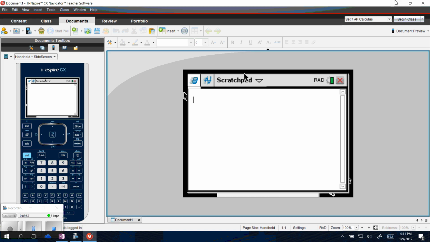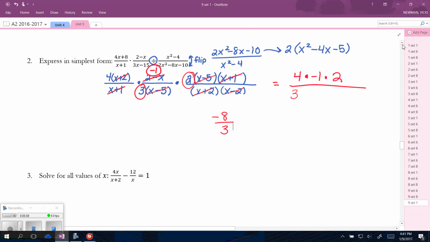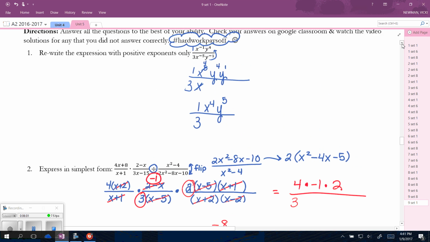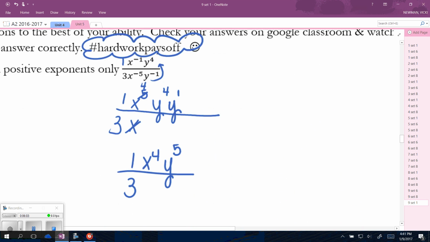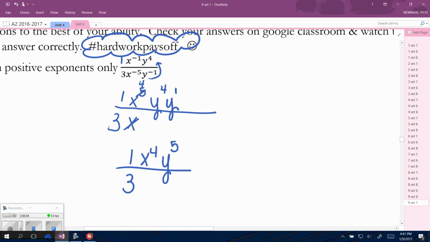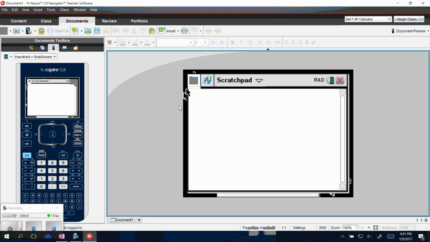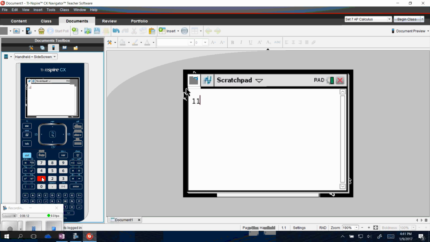Now, something I should have mentioned from before, up here in question number 1, I can actually check my work with that one too. I can store values for x and y, or in my case, I'll use a and b. I'm going to pick, let's say 11. I'm going to store it for a, and 13 I'm going to store for b.